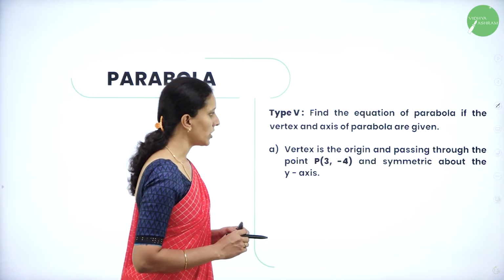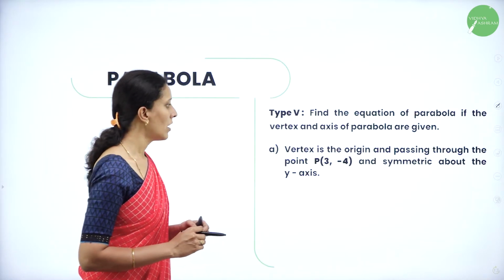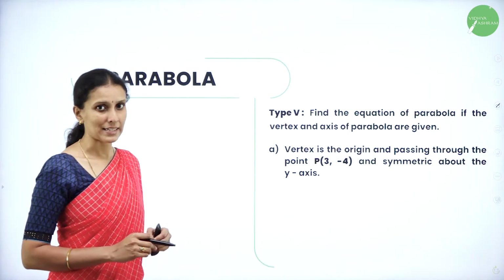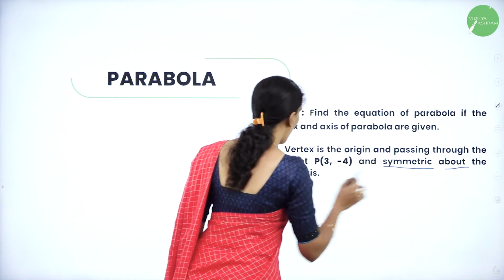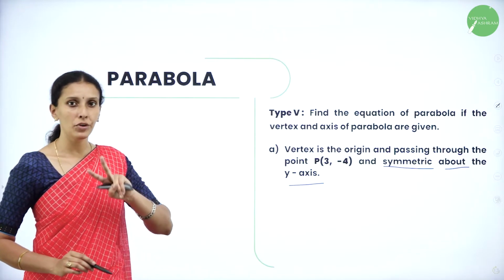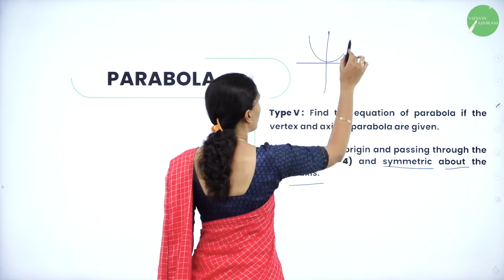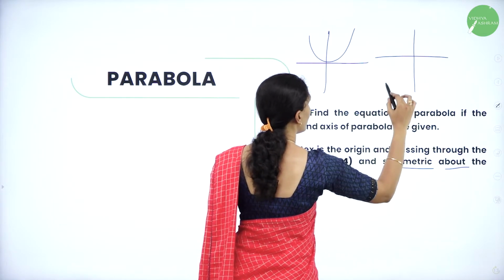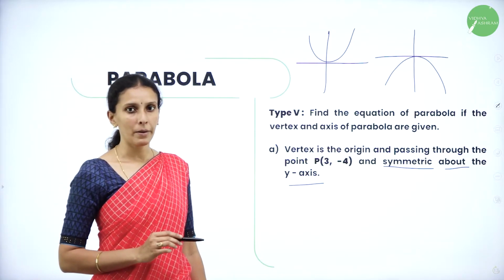Vertex is the origin and passing through the point P(3, minus 4) and symmetric about y-axis. So clearly, given symmetric about the y-axis means I have two chances. One is the curve may be upward or the curve may be downward. Maybe it might be an upward parabola or a downward parabola.